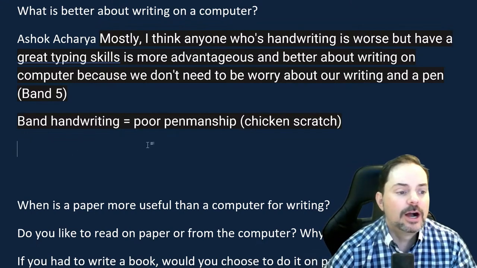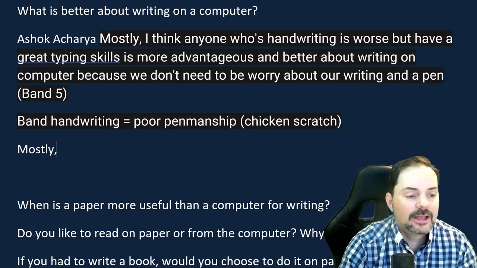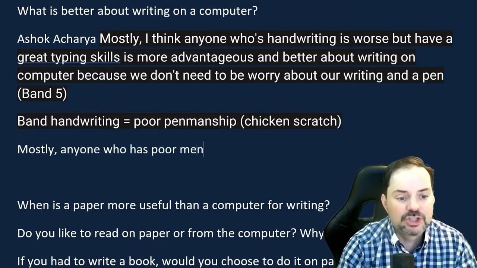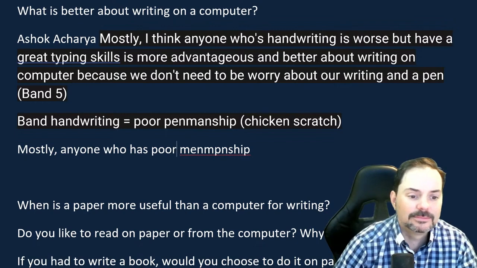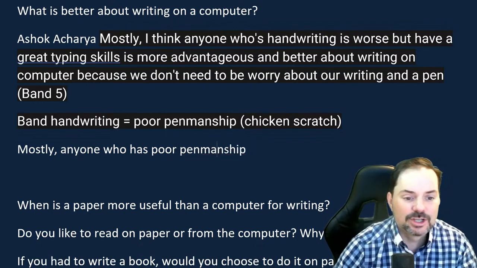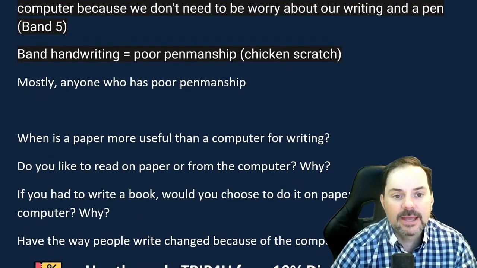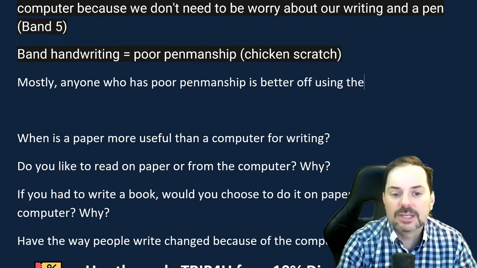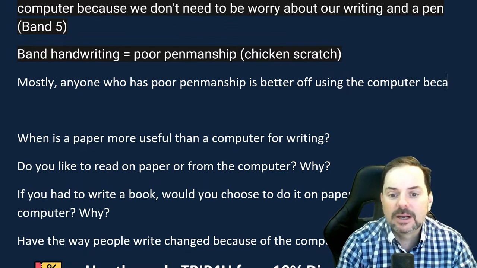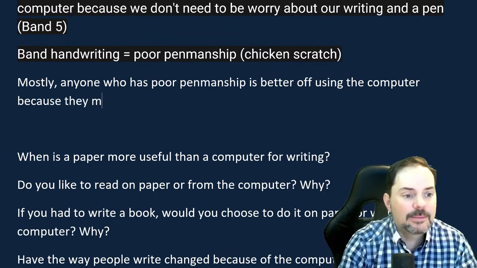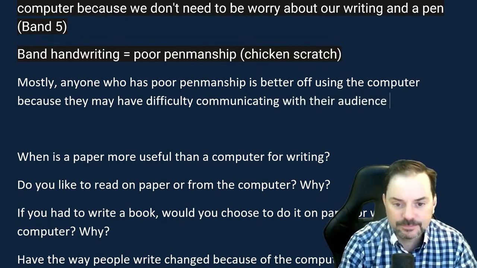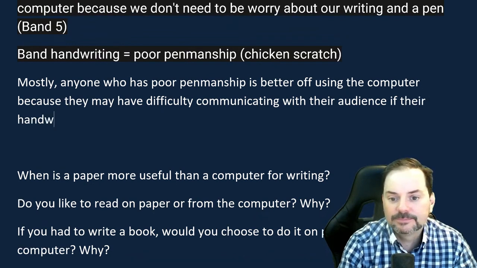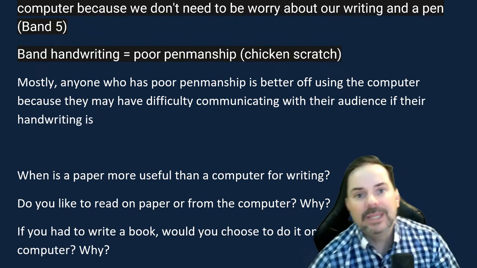All right, so you could say mostly, anyone who has poor penmanship is better off using the computer because they may have difficulty communicating with their audience if their handwriting is, when we cannot read a piece of information.